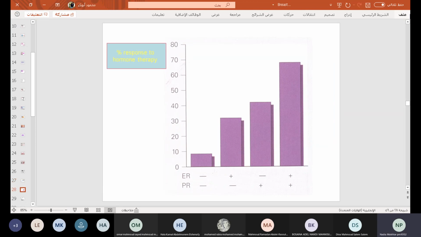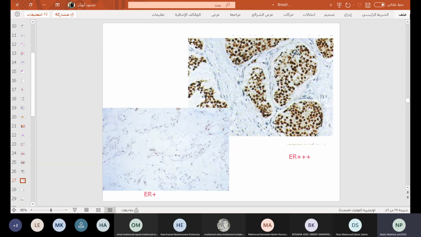Why? Because those that are high on estrogen and progesterone are those that will be high on response to anti-hormone therapy. Mahmoud, maybe we can go back to the previous slide. If you see, we've put an estrogen strongly positive here, and the one down there is weakly positive.